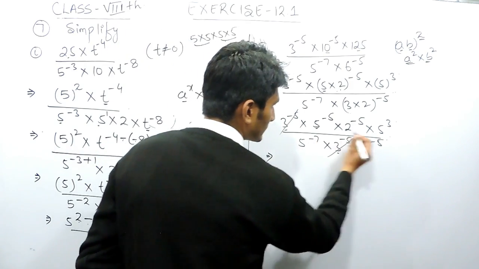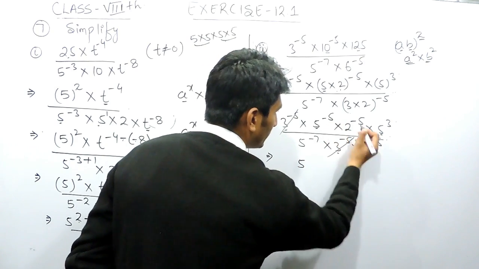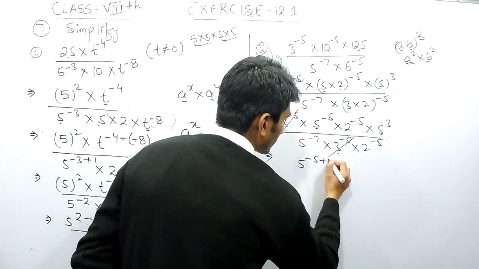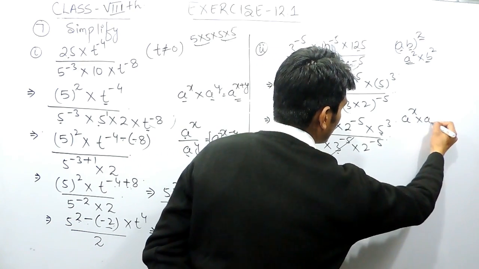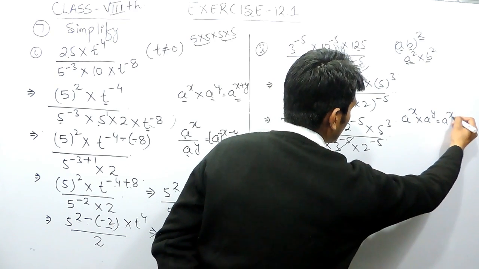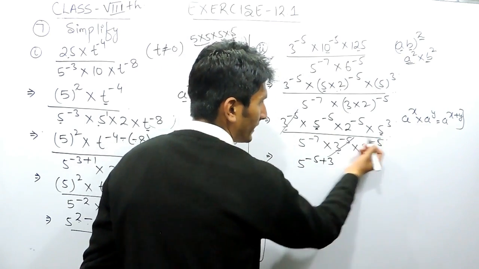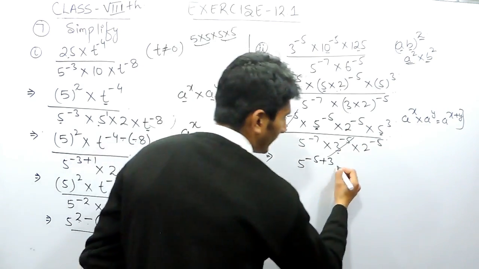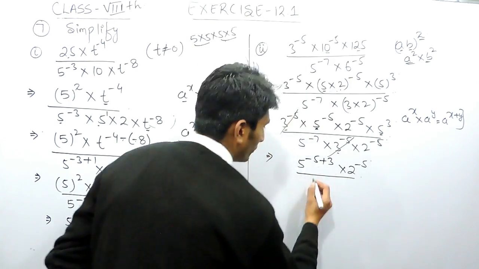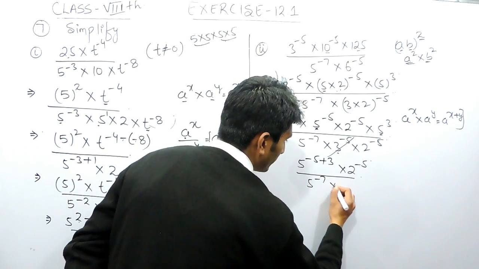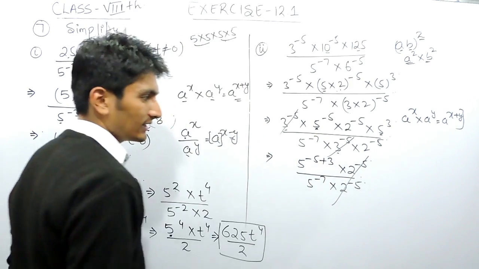Further, this can be solved, so this is 5 and the power will get added, because if this is a raised to power x multiplied by a raised to power y, it should be a raised to power x plus y. Similarly, here also the base is same, the power will get added, and this 2 raised to power minus 5 will remain as it is, and in the denominator 5 raised to power minus 7 multiplied by 2 raised to power minus 5 again will remain same. This value can also be cancelled out.